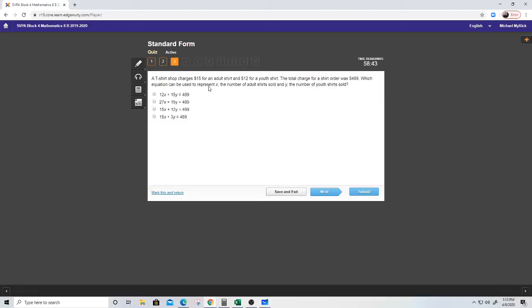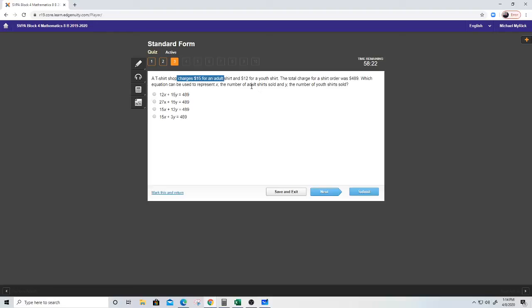Alright, a t-shirt shop charges $15 for an adult, $12 for a youth. I'm automatically looking for the X here. The number of adult shirts is Y, so it should be 15Y. See how we do that?